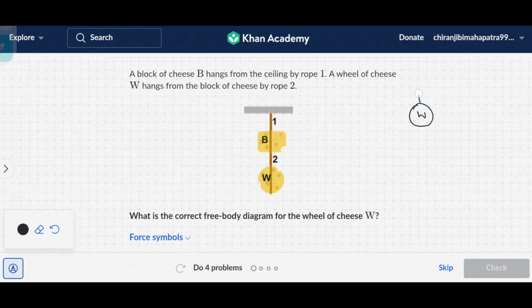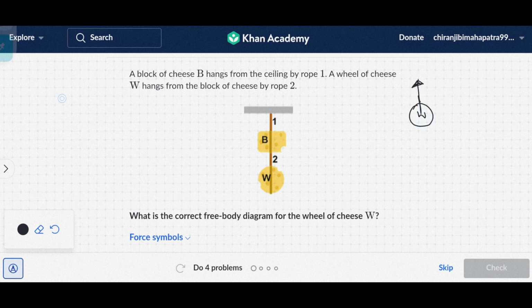Here it is touching rope 2, so there is a force. So you just draw a vector from the object in the direction of the force, and the length of this arrow should be according to the scale of the magnitude of the force.